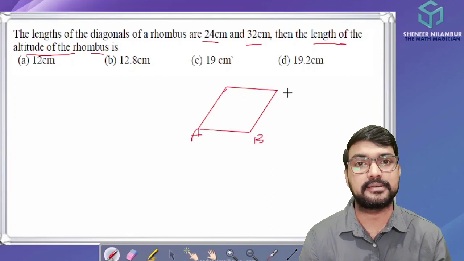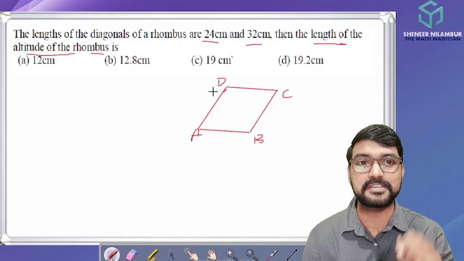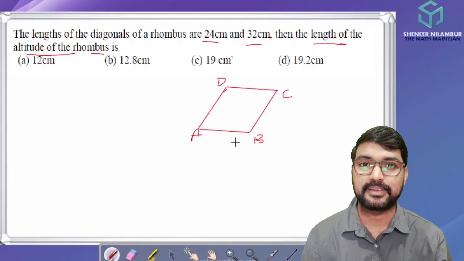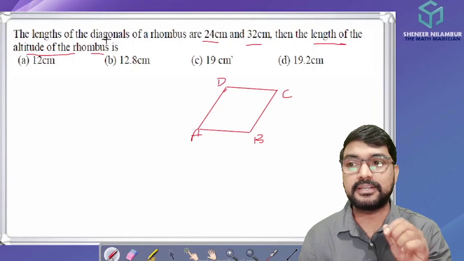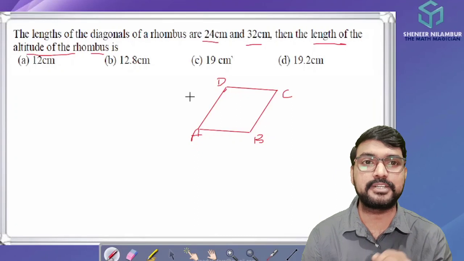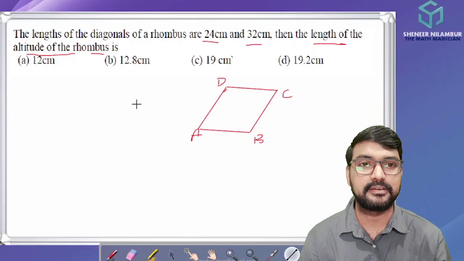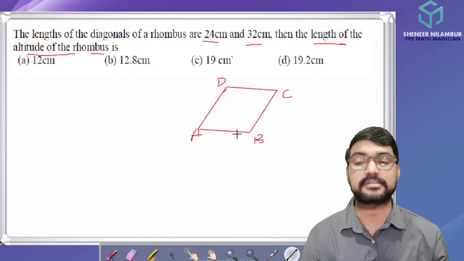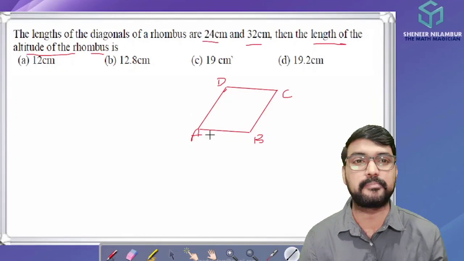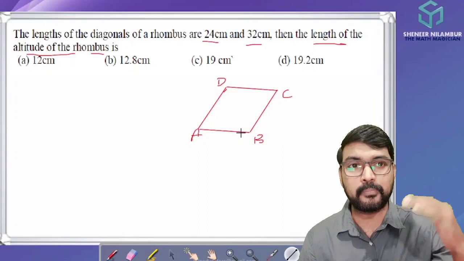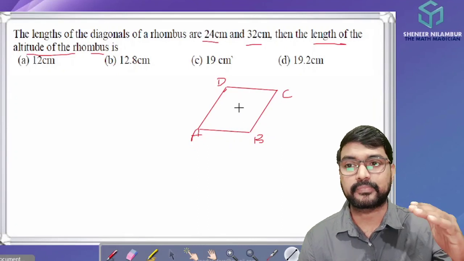Before we go to find its answer, first we have to understand the question very well. In this question, we find the altitude of the rhombus. What is the altitude of the rhombus? For the altitude of any quadrilateral, we need to consider a base. Suppose this AB is the base, then its opposite side is CD.